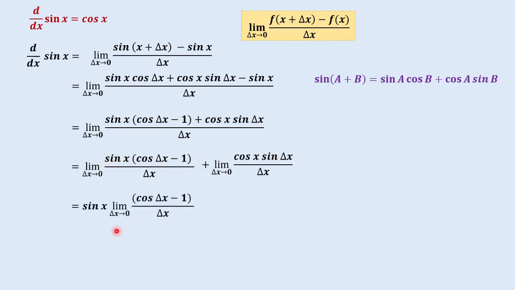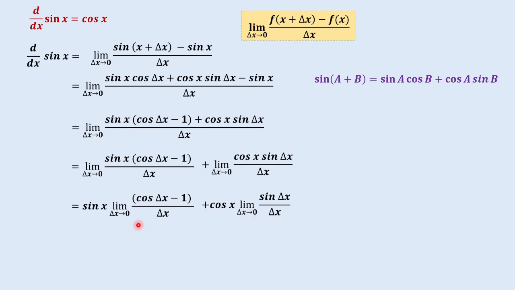So we can have this as sine x times the limit of cosine of delta x minus 1 over delta x as delta x approaches 0 plus, for this part, we have cosine x times the limit of sine of delta x over delta x as delta x approaches 0.